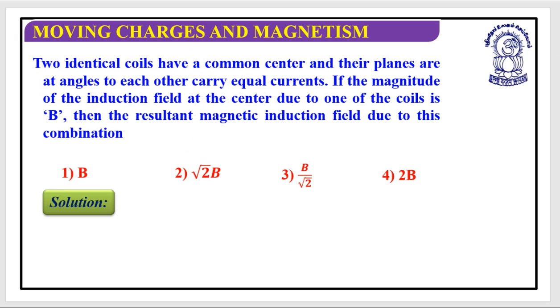Now let's have a look at the question and what it is saying. It says that two identical coils have a common center and their planes are at angles to each other, and carry equal currents. If the magnitude of the induction field, this is the magnetic field, at the center due to one of the coils is B, then find the resultant magnetic induction field due to this combination.